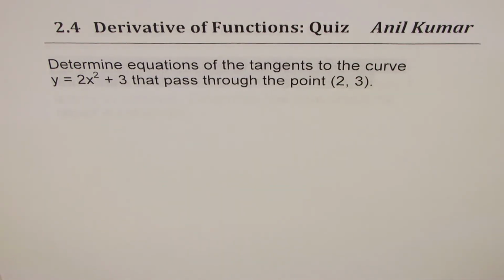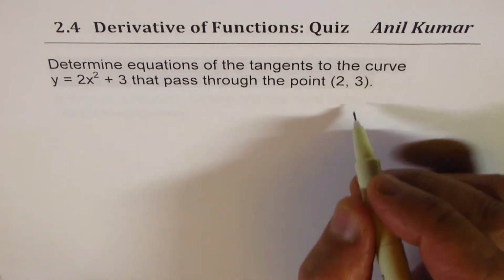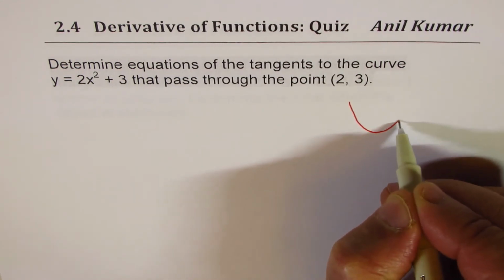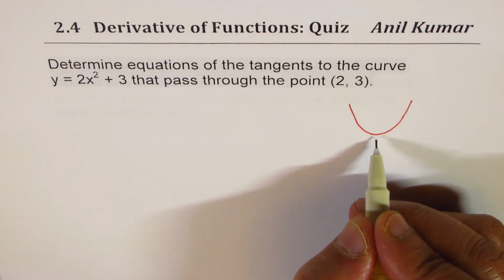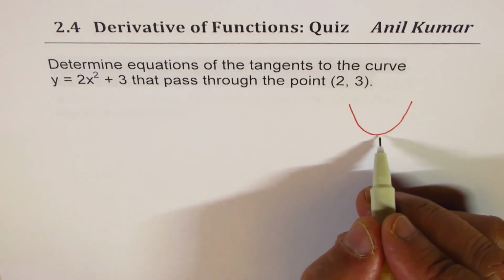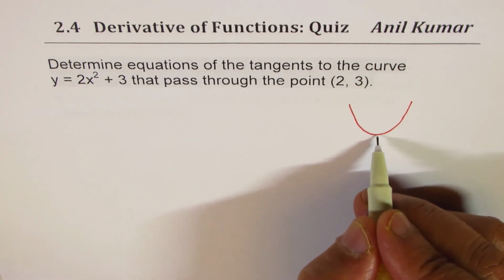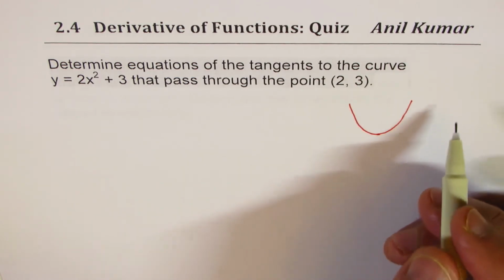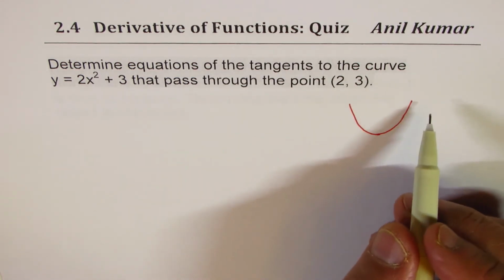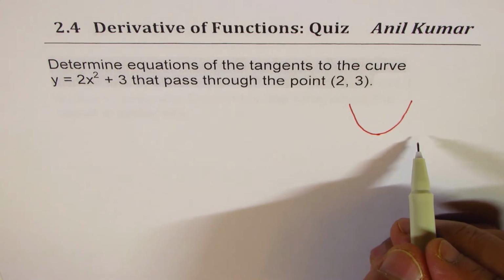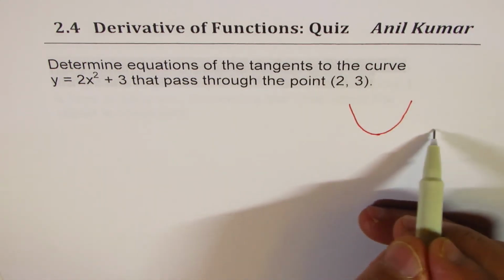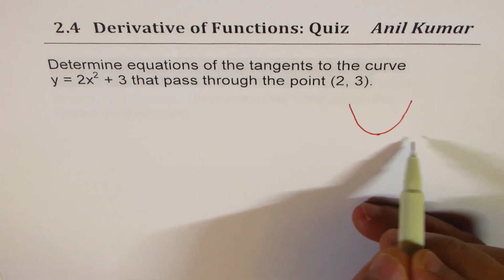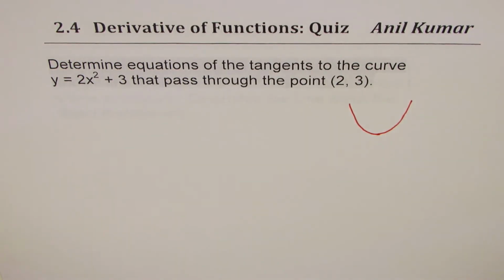So what we have here is a parabola, and clearly at 0 it is 3, right? So at 0 it is 3. Now a point which is (2, 3) is somewhere outside. So from that point we have to find equations. If we have a point outside the curve, then actually you could have 2 tangents.